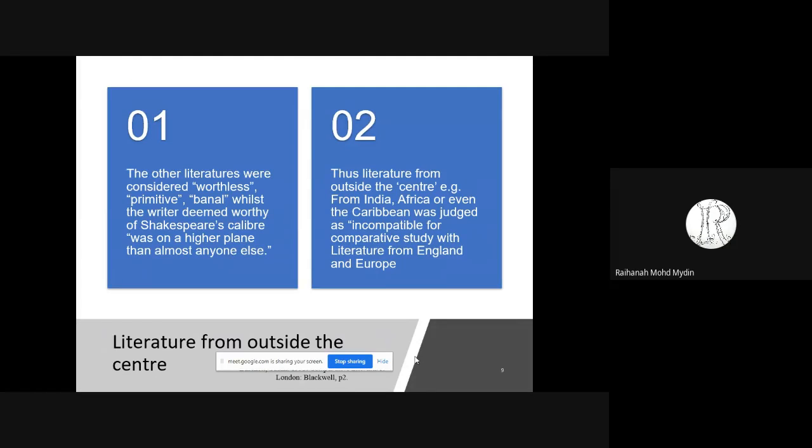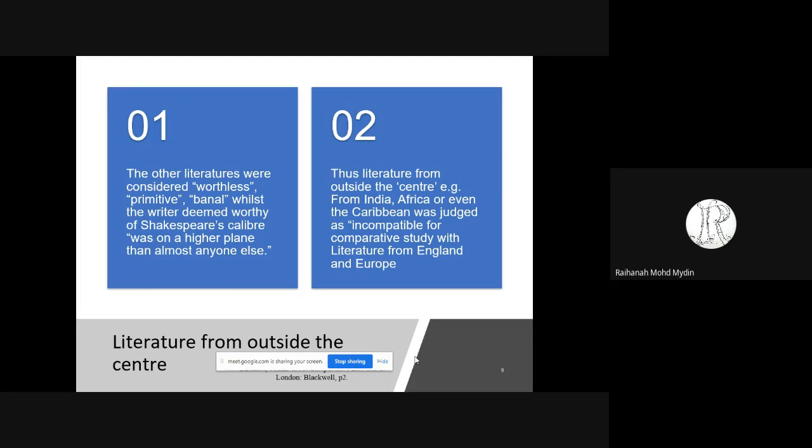And because of this, literature being produced outside the Eurocentric centers, especially the English centers, the imperialist centers, is considered to an extent, quote unquote, worthless, primitive, banal, right? Whereas writers such as Shakespeare were, quote unquote, seen on a higher plane than most anyone else.